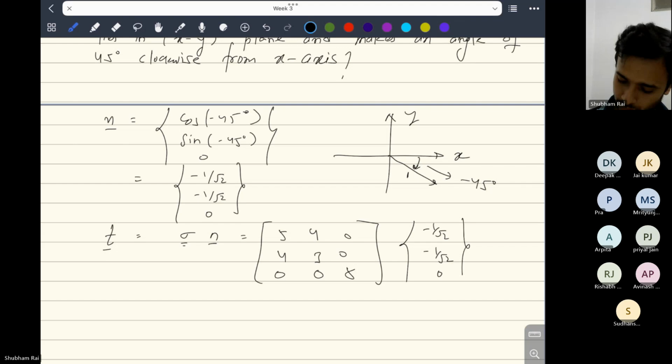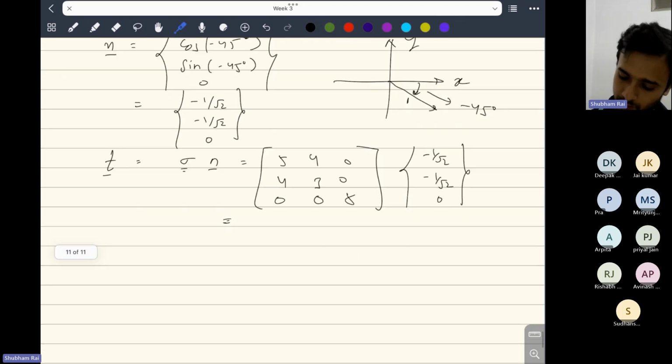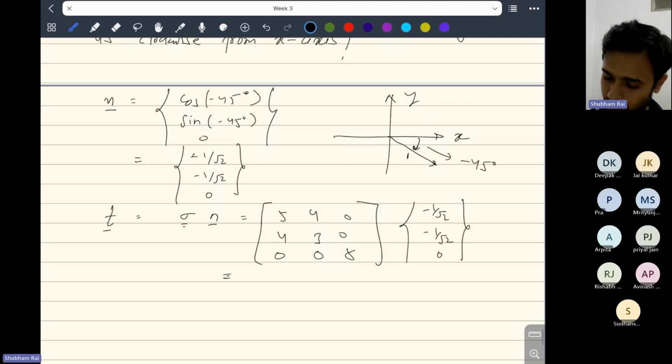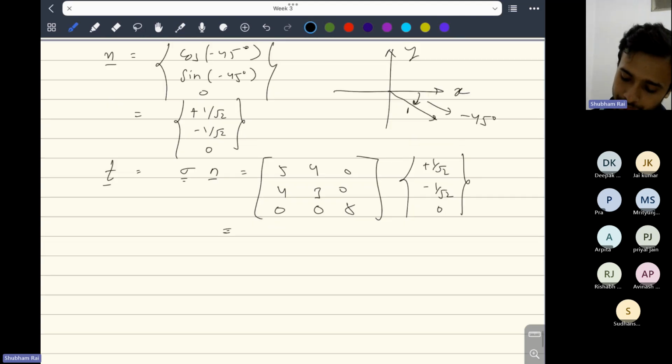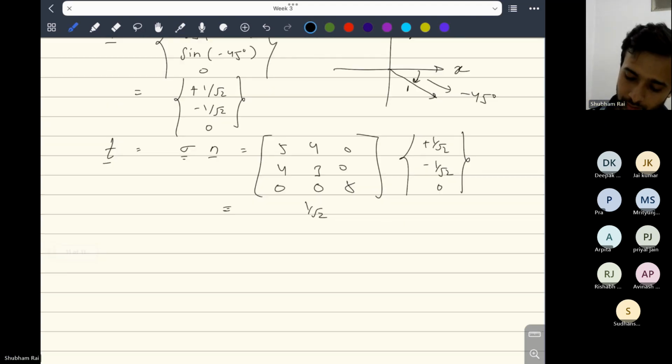I think I made a mistake here. Cos of minus theta is cos theta only. So this is cos 45 degrees, so 1 by root 2, minus 1 by root 2 will come. If you multiply, you get 5 by root 2 minus 4 by root 2, so you'll get 1 by root 2. And here you will get 4 by root 2 minus 3 by root 2, which is 1 by root 2, with a minus sign, minus 1 by root 2.